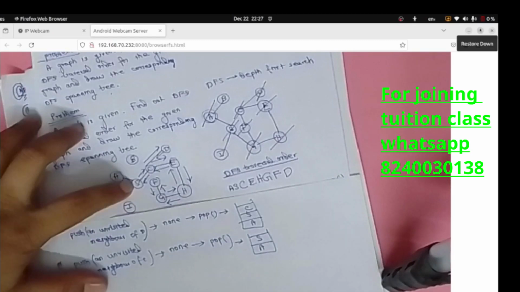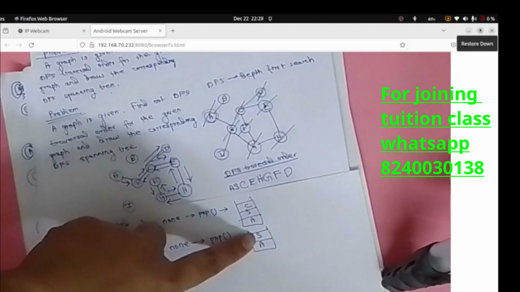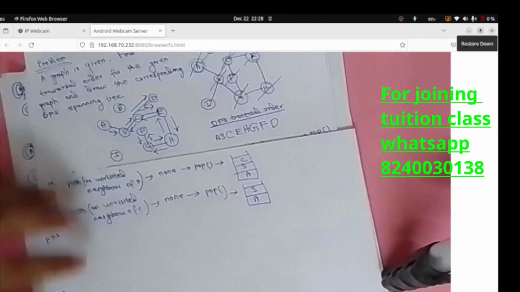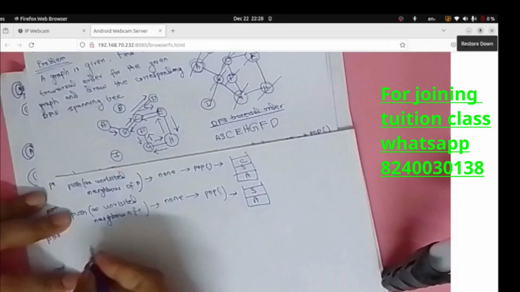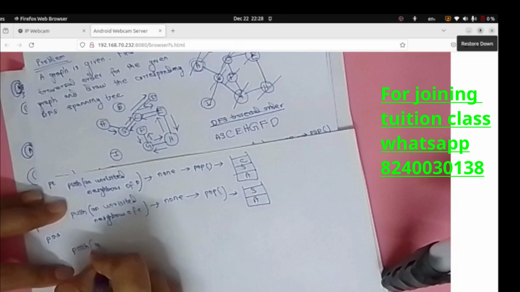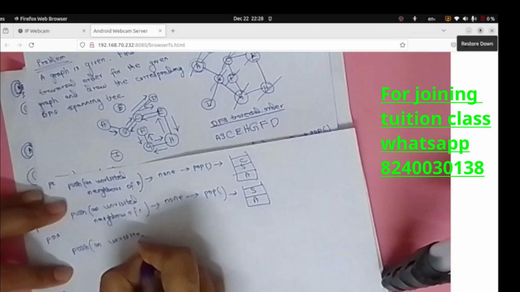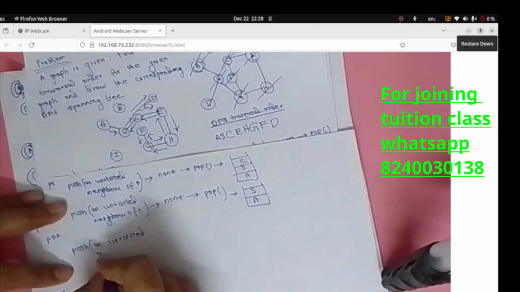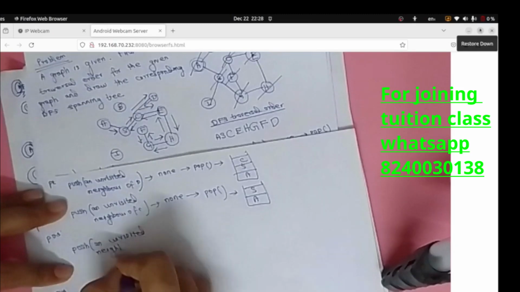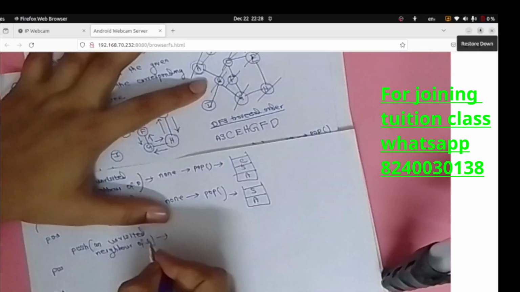Now the operation will be related to the topmost element, S, which is the current vertex. The next operation is push unvisited neighbors of S. You have to see the graph here.